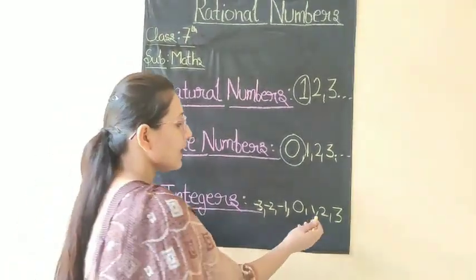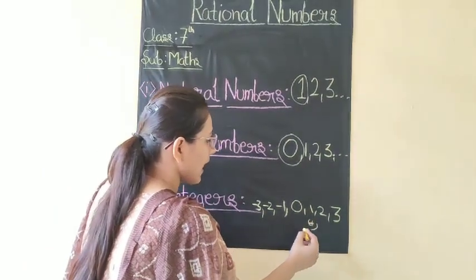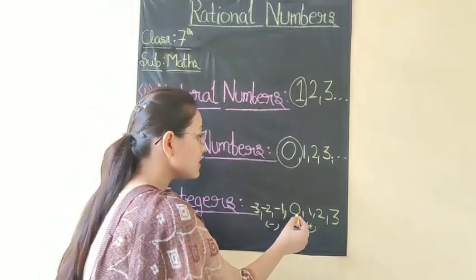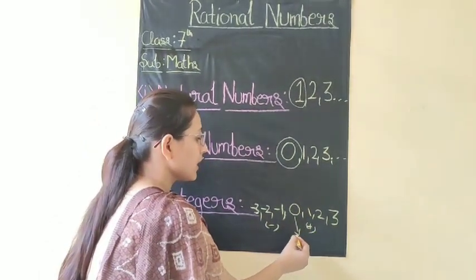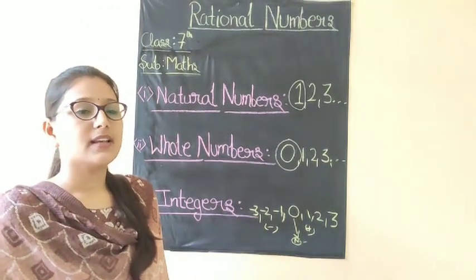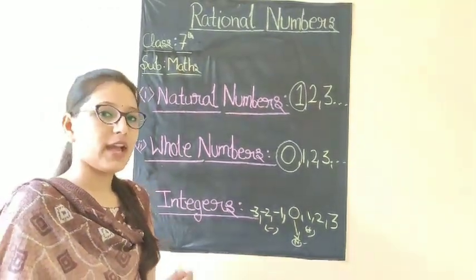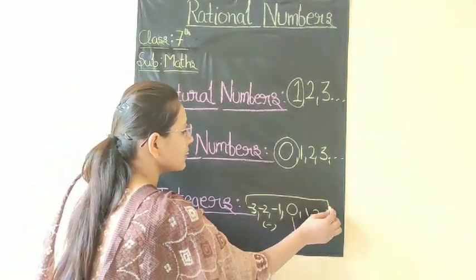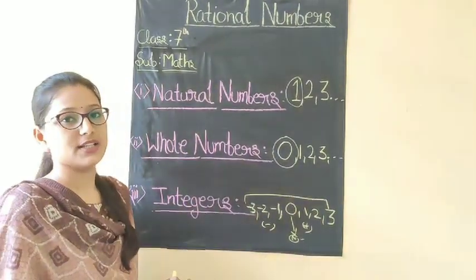So, these are the positive numbers and these are the negative numbers, and 0 is neutral. Okay, this is neutral, not having any sign, not positive, not negative. So all of this together is called integers.